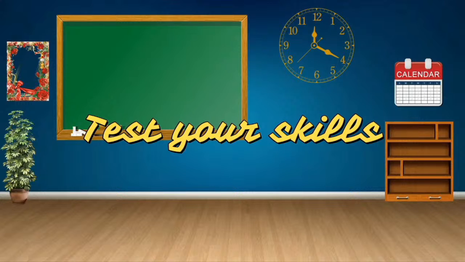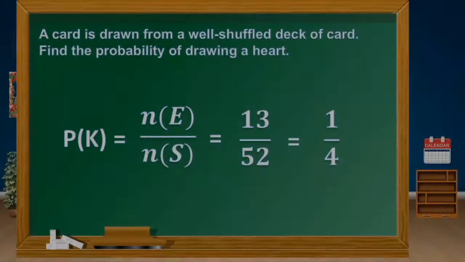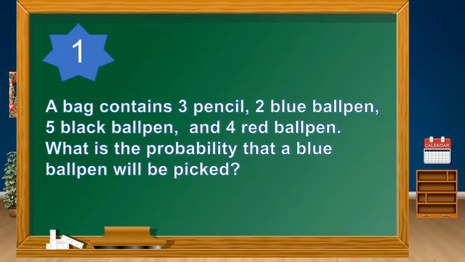Prepare your pen and notebook and find the probability of each event. You will be given 1 minute for each problem. Number 1. A bag contains 3 pencils, 2 blue ball pens, 5 black ball pens, and 4 red ball pens. What is the probability that a blue ball pen will be picked?